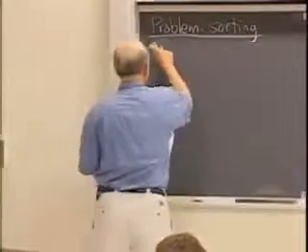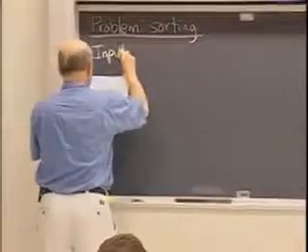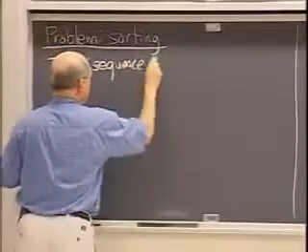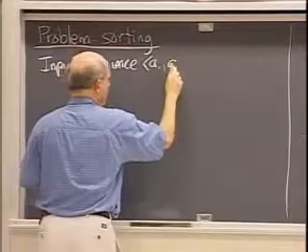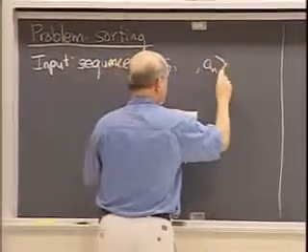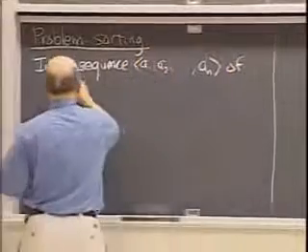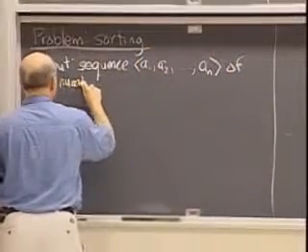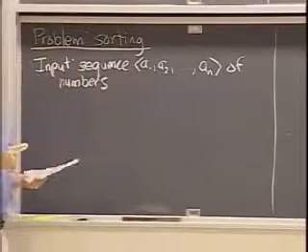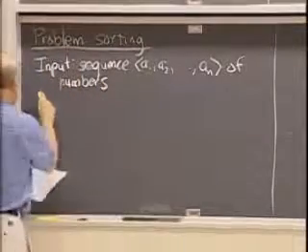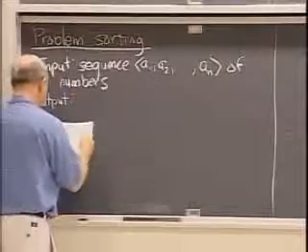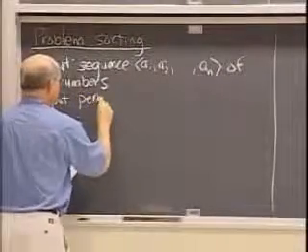So the sorting problem is the following. We have a sequence A1, A2, up to AN of numbers as input. And our output is a permutation of those numbers.